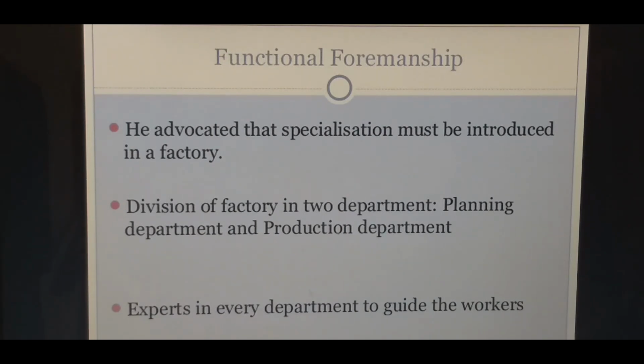According to Taylor, a foreman cannot have all the abilities or qualities which are required, or the foreman may not be a specialist in all the fields. So here Taylor recommended that there should be 8 foremen who should be appointed, who should be specialized in their field, and each and every worker should work under the guidance of the specialist foreman.